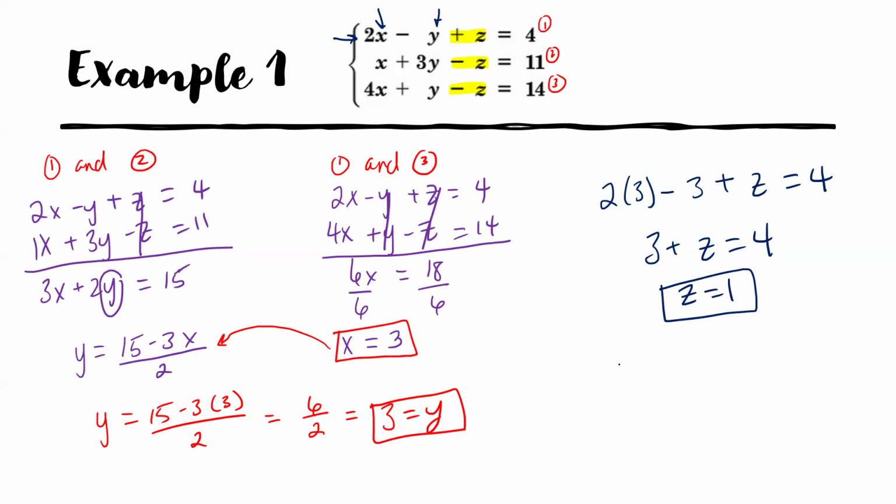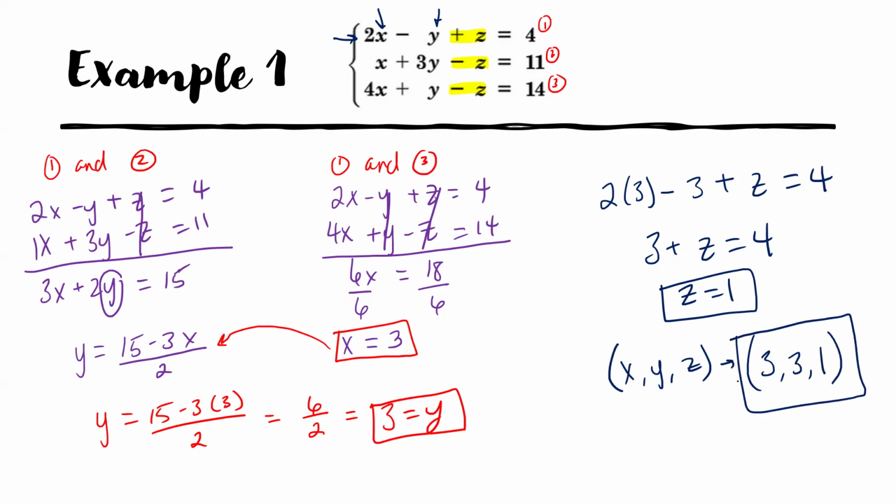So then the last step is your solution and then checking your solution. Your solution is always listed as x, comma, y, comma, z. So my solution is 3, comma, 3, comma, 1. And if I wasn't confident, I would take each variable and plug it back in to check myself.